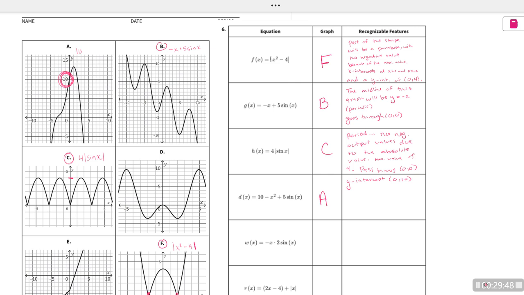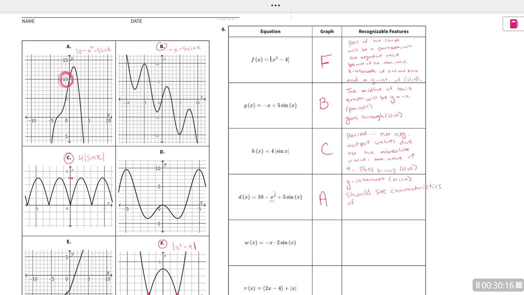10 minus x squared plus 5 sine of x. But let's look at some other things. We should see characteristics of a parabola.